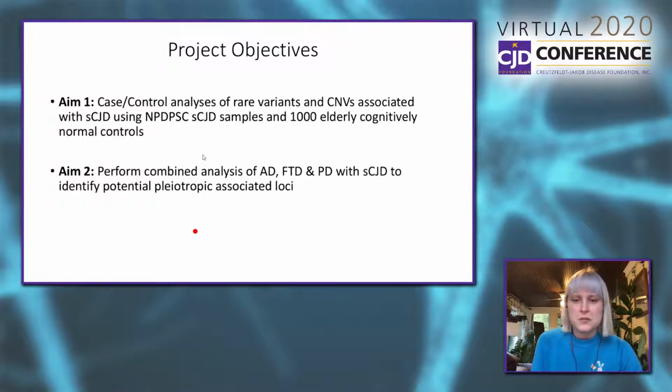And aim two is to perform combined analyses of Alzheimer's disease, frontotemporal dementia, and Parkinson's disease with sporadic CJD to identify potential pleiotropic associated loci. As we know, there is some overlap in multiple forms of neurodegeneration.